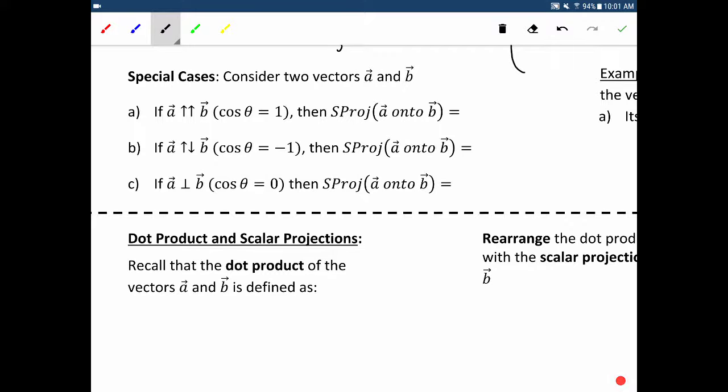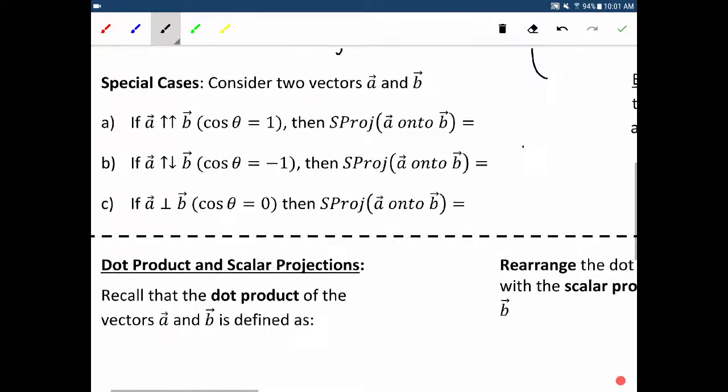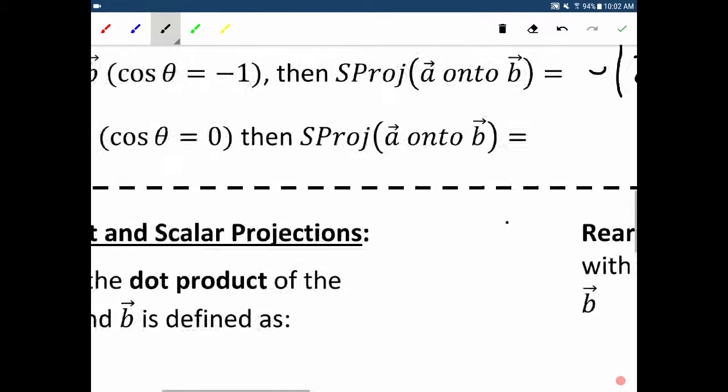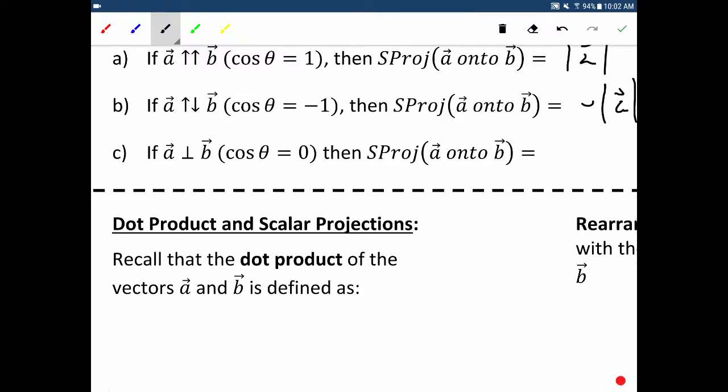If you're projecting A onto B in the same direction, the projection is just the magnitude of A. Similarly, if they're collinear but going in opposite directions, you just have the negative of the magnitude of A. If they're perpendicular, you're not casting anything onto B, so it's going to be 0. That makes sense logically and algebraically, because cos of 90 is 0.